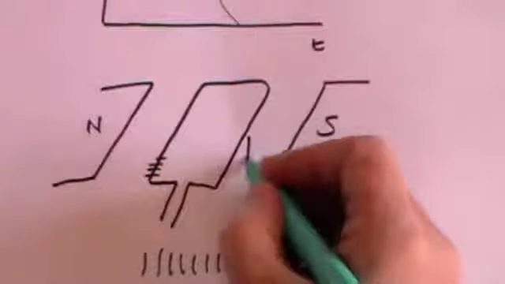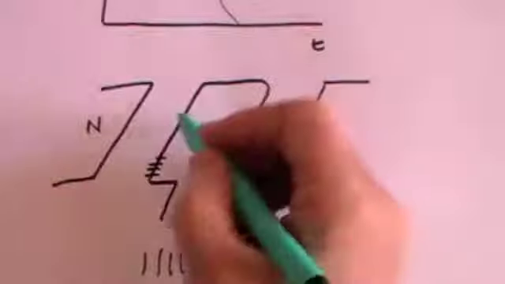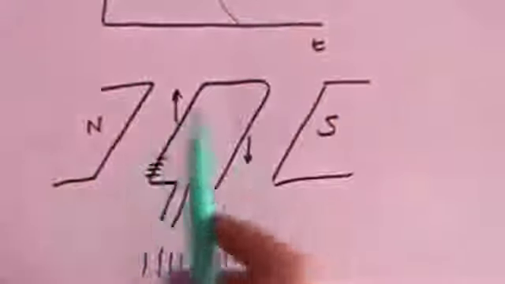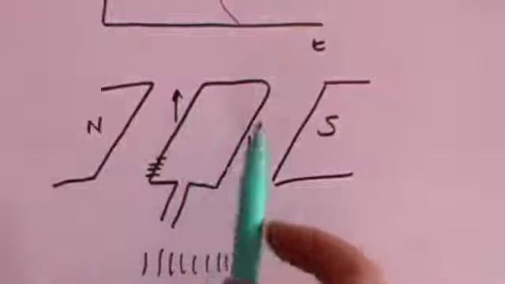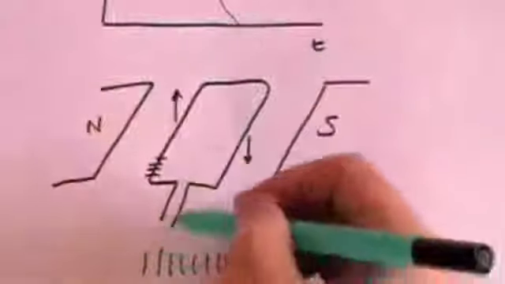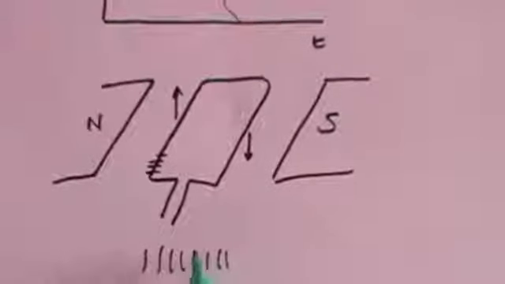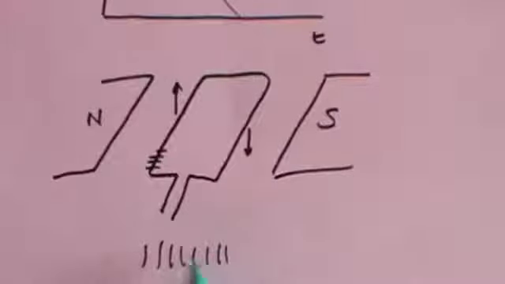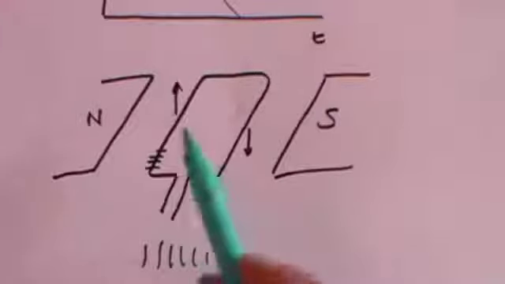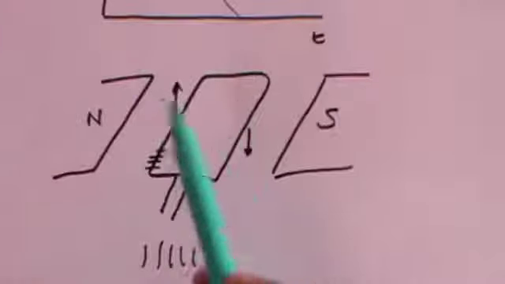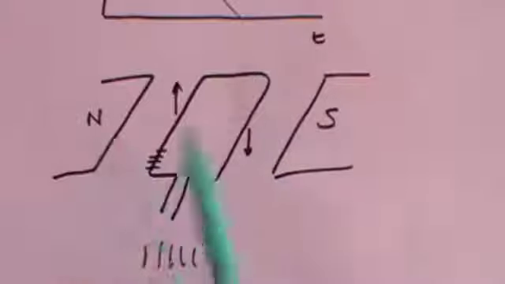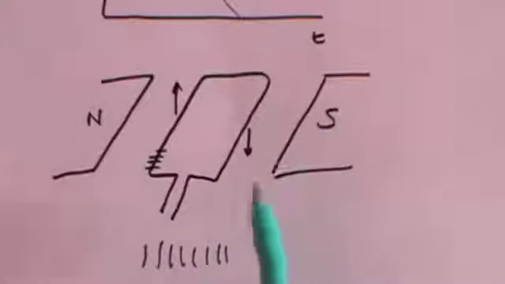So this end of the loop goes downwards and this part of the loop goes upwards, and the whole thing just spins around on an axis sort of along here. It's a spinning wire caused by the heat, which might be coal-fired, nuclear-fired, wind-powered, some method that produces some energy that will cause this wire to twist within the presence of a magnetic field.